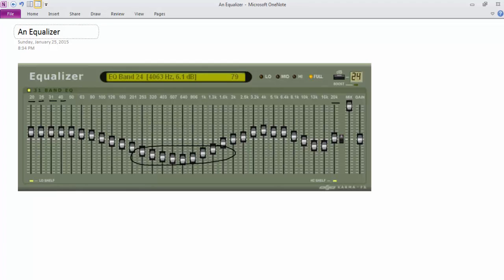If I had an equalizer where I could put it all the way down, then that's effectively killing that frequency. And actually, I like my frequencies around this region to be a little louder. Okay? So I increase that up.